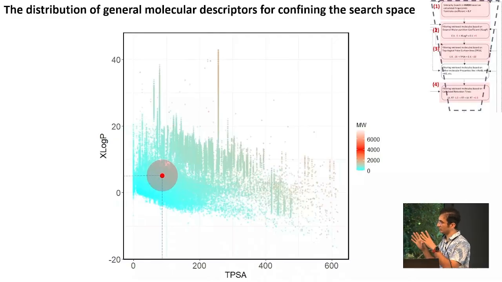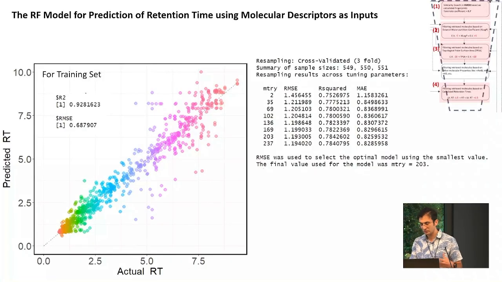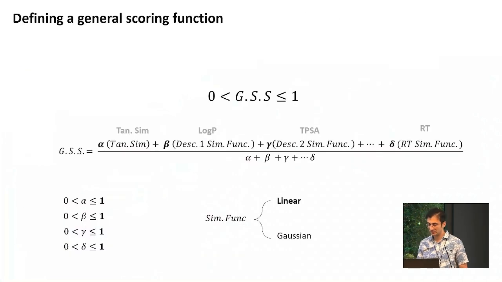So it shows that if we confine the search space to some restricted area using those filters, we can still reduce the number of candidates a lot. So we also had another model for other properties like retention time as other filters for reducing the number of candidates as well.